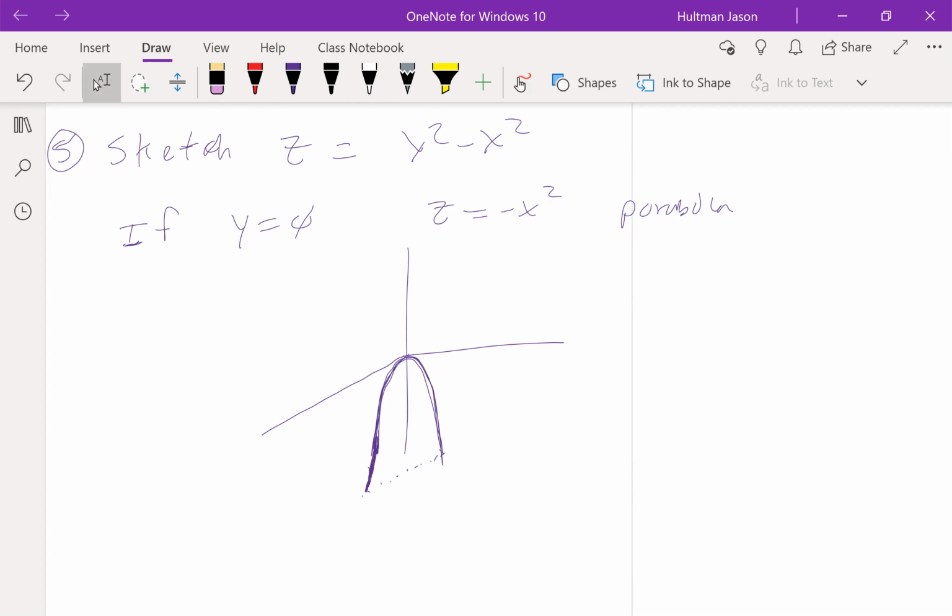Okay, what about if x is 0? Then we get z equals y squared, which is still a parabola. So if x is 0, we're in the yz plane, and that's a parabola. That's my friend, the parabola that looks like this.